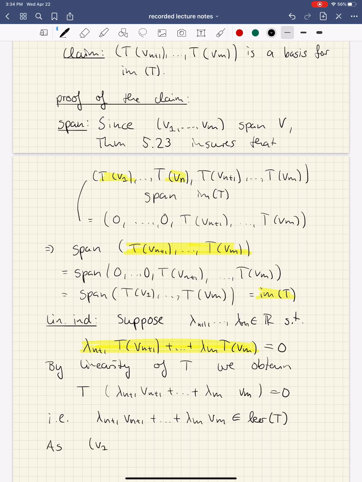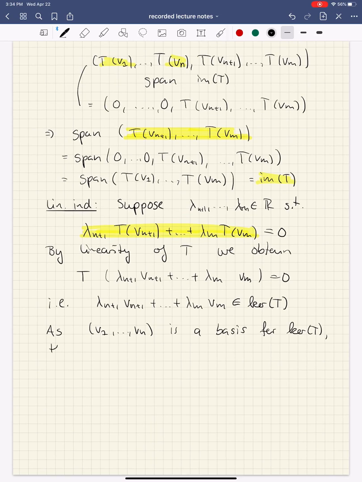As v1 through vn is a basis for the kernel of T, there are lambda 1 through lambda n in R such that this element here is actually equal to this linear combination.